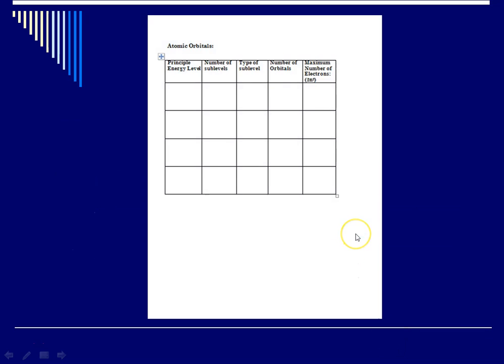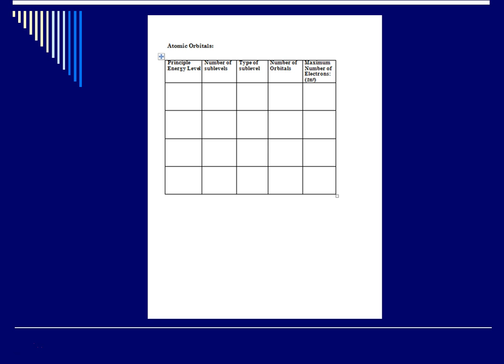So in your packets for Chapter 4, this is Chapter 4, right? Yes, Chapter 4, sorry. In your packet, there should be a worksheet that looks like this, which asks you to fill out the principal energy level, the number of sublevels, the type of sublevel, number of orbitals, and maximum number of electrons. So what I'm going to ask you to do is pull out your packets at this point, and then the next slide is going to show you how to fill in that worksheet page.